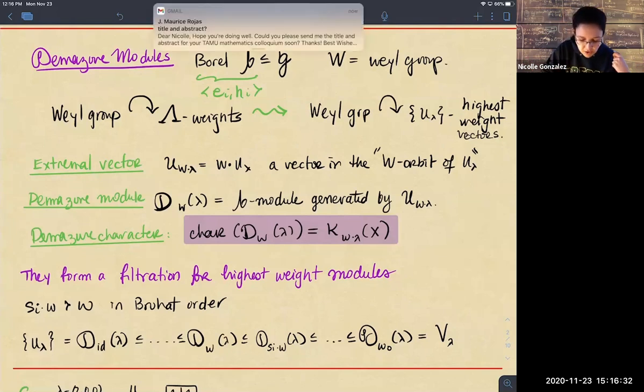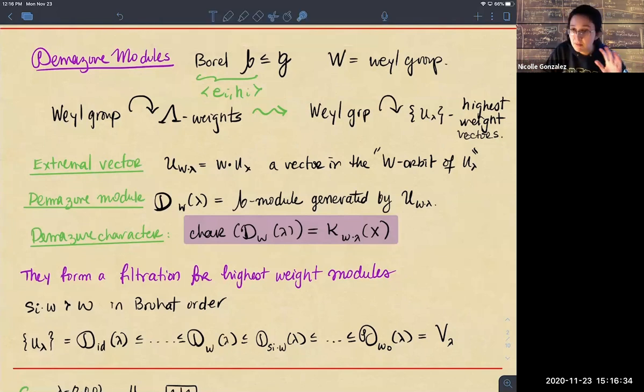Remember that your Borel subalgebra is generated, by the way, by E's and H's. What that means is that if you're acting on your highest weight by an E, the E is going to kill it, right? And H is just going to leave it fixed, which is precisely why in the identity case you're not getting anything else.